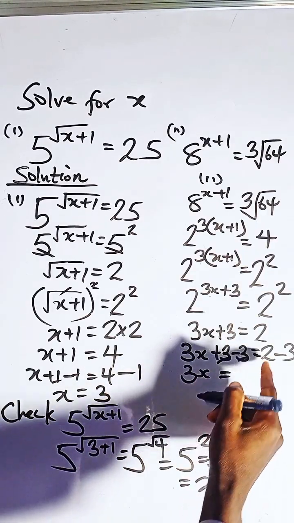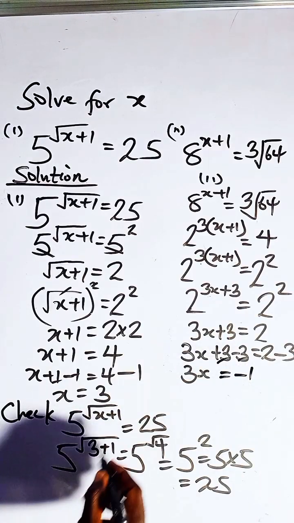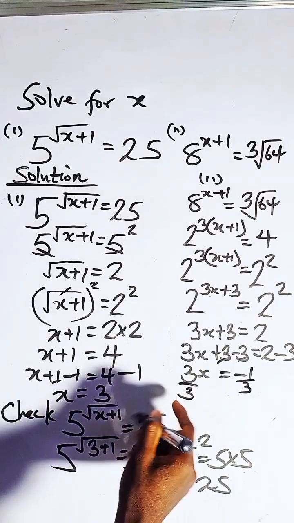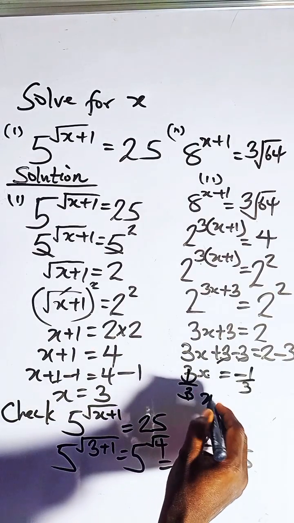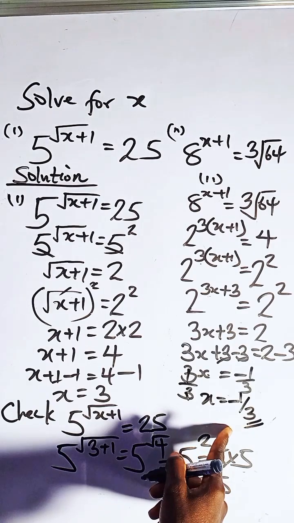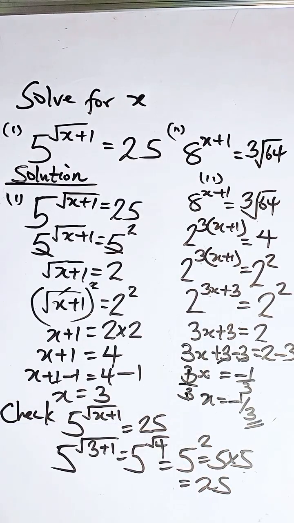So we have equals 2 minus 3, which is minus 1. We divide both sides by 3, and we have x equals minus 1 over 3. So the value of x in this equation is minus 1 over 3.